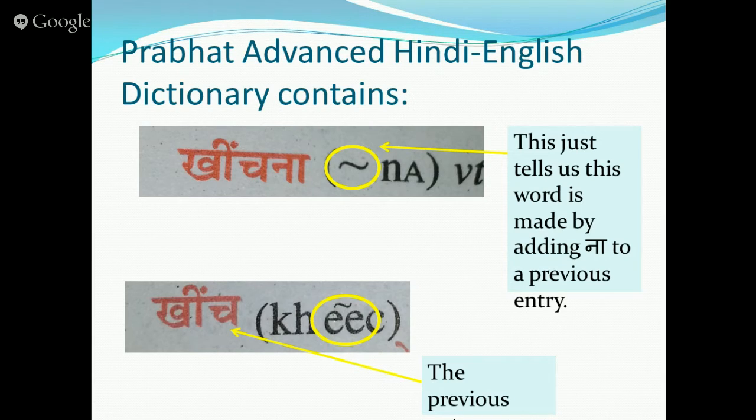Well, what that is telling us is that the thing that comes before na is somewhere else, and now we have to find that somewhere else. So we look at the previous entry, which is just the first part of that word by itself. And what do we see? We see KH, two E's with a wiggly wave over them and a C. What does that mean?